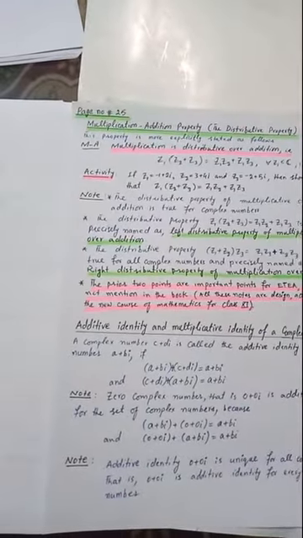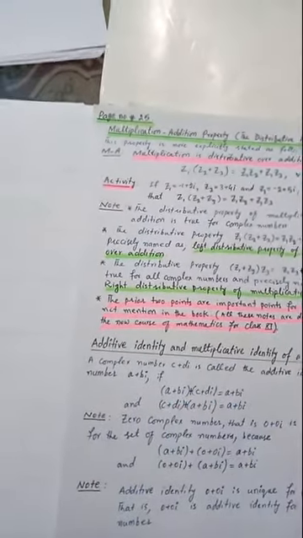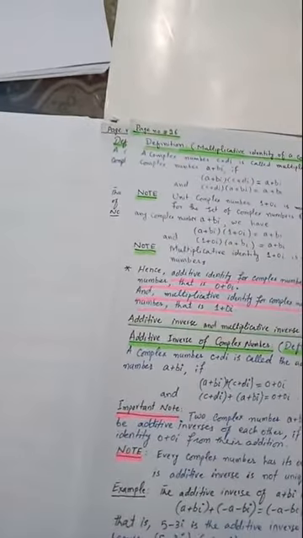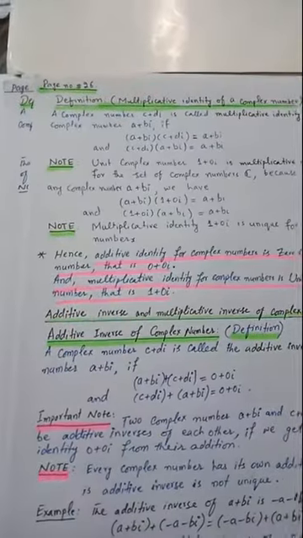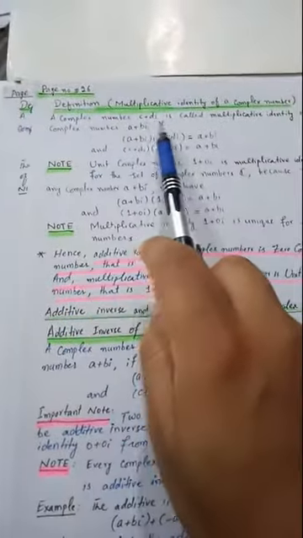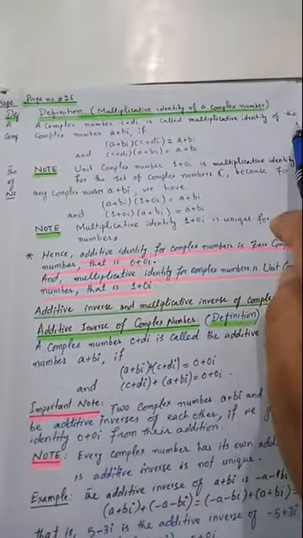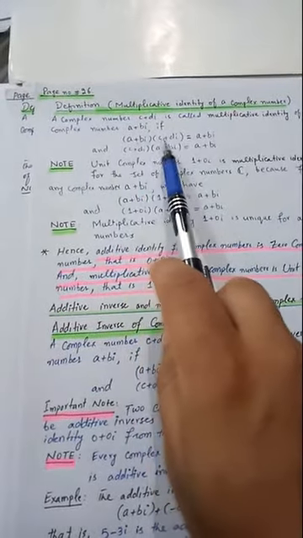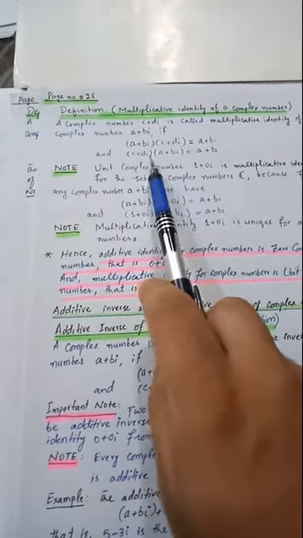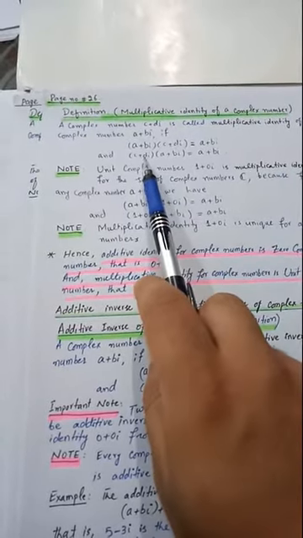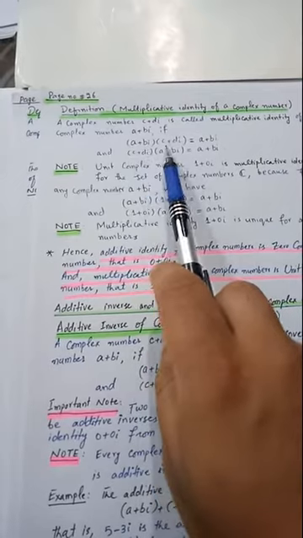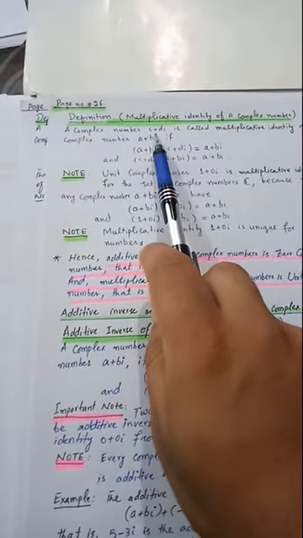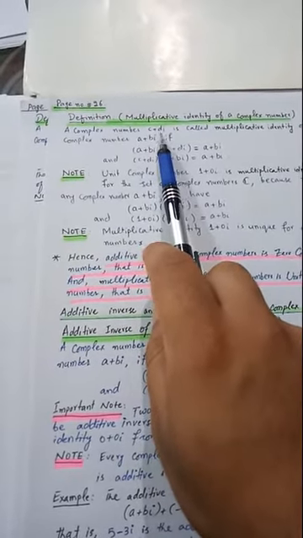So now you see the proper definition. Okay, I am switching towards the proper definition. Now you see, a complex number c plus d iota is called the multiplicative identity of a complex number a plus b iota if a plus b iota multiplied with c plus d iota from right or from left, you get that complex number. In the above definition, you say that this is my multiplicative identity.